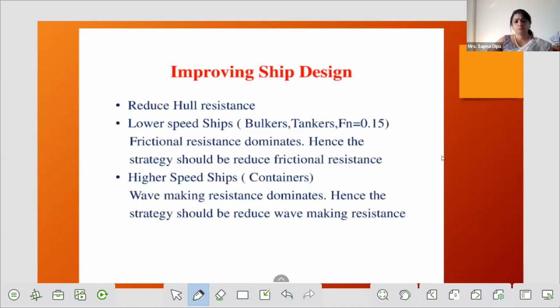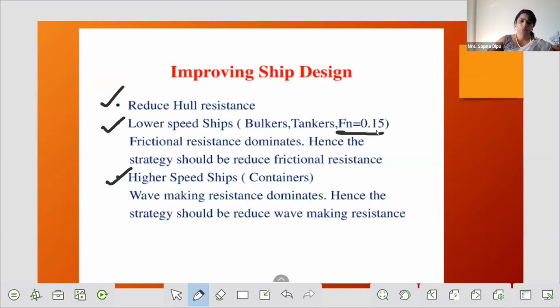Now the idea is we have to reduce hull resistance. As we all know, in the basic broad classification of our ships, there are lower speeds and higher speeds. Whether it is low speed or high speed, we don't just decide by the speed in knots, but generally by the Froude number. So for the low speeds, like bulk carriers and tankers, which resistance component is dominating?